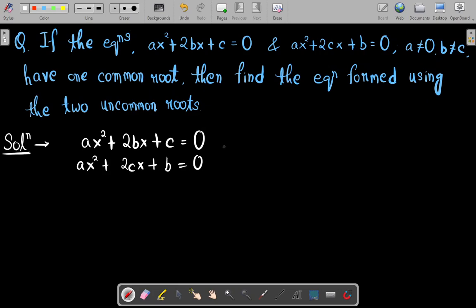And we are given that a not equal to 0, otherwise it won't be a quadratic, and b and c are not same. So these two are different equations. We are given that these two have one common root and we have to form the equation using the two uncommon roots.